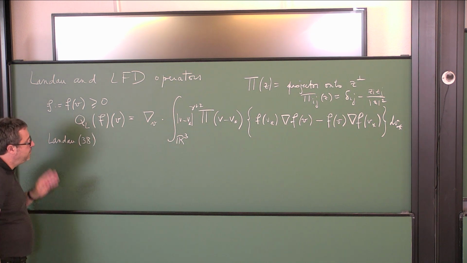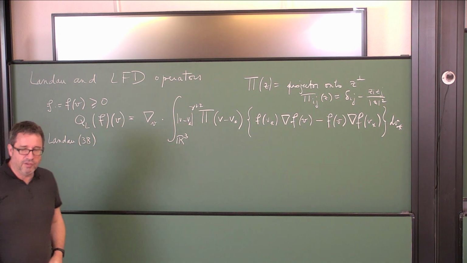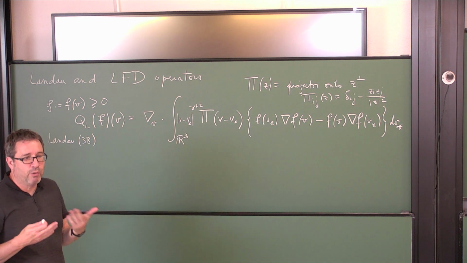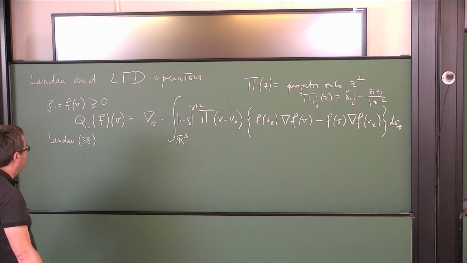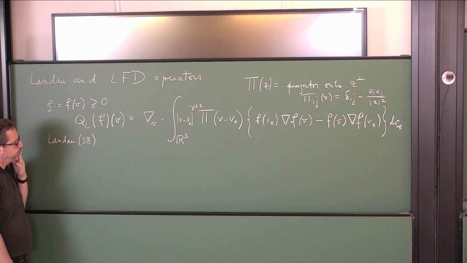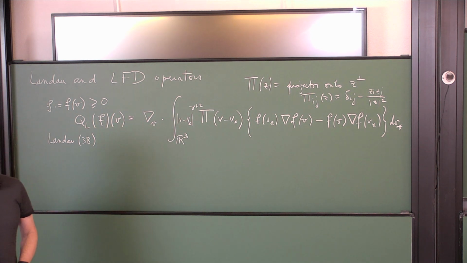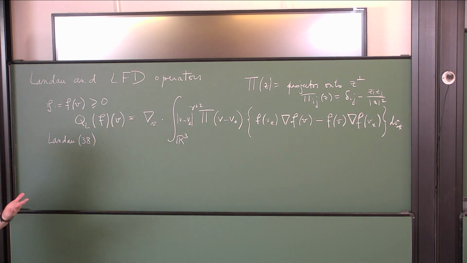So the formula which is here was first written down by Landau in the 30s. And it tells you the effect of the binary grazing collisions on a density of particles which have a certain velocity. In principle, it should be used for charged particles because then one can check that most collisions are indeed grazing.